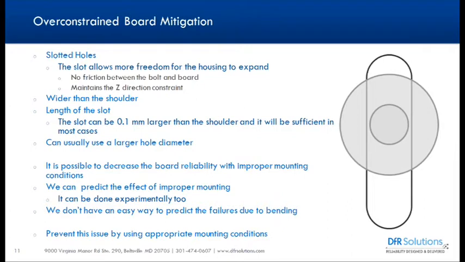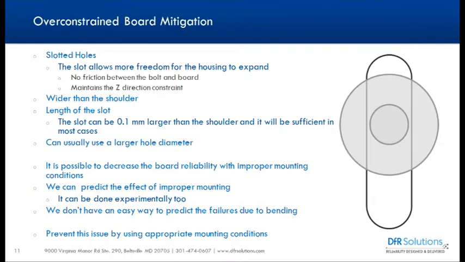So that's one way. The other thing that we can do is we can use slotted holes. Slotted holes, or just oversized holes, basically, are anything that allows the board to move a little bit in the direction that it needs to expand. This usually works for really large boards. You have to do these oblong holes instead of just trying to create a large drill hole.